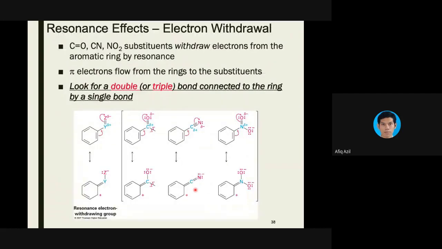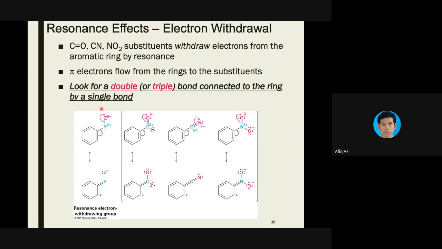Then we have the resonance effect. The resonance effect also has electron withdrawal and electron donation. Here we look at how C double bond O, C triple bond N, and also the nitro group withdraw electrons from the aromatic ring by resonance.